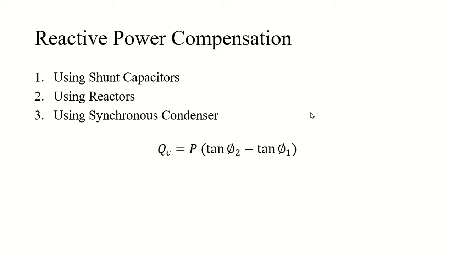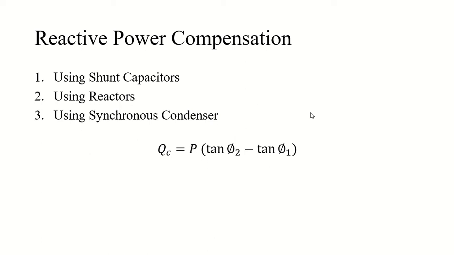If you want to learn about them in detail, you can access my playlist of Power System 1, in which we have discussed all three of them in detail. You can visit them from there. Coming back to reactive power, we use these compensation devices to restrain the reactive power.